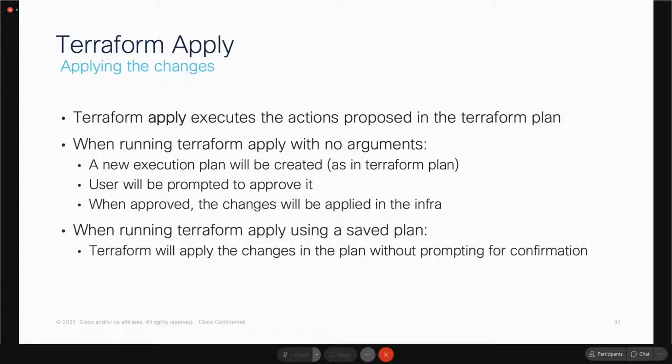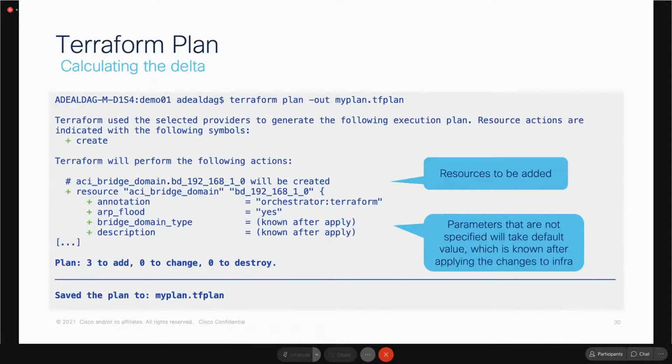When we do the plan, we can optionally save the plan into a file. And that will allow us to provide this file to the apply phase, and the apply phase will apply exactly what is contained in that file, no matter if the infrastructure changes. So imagine you do the plan today, and you run the apply tonight because you have the maintenance window, right?